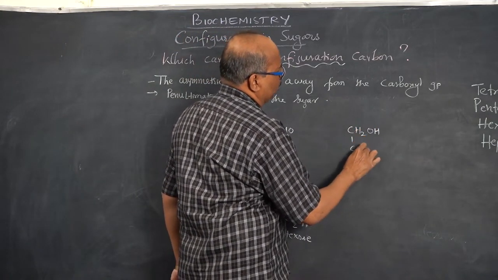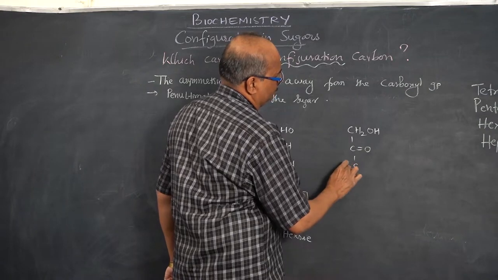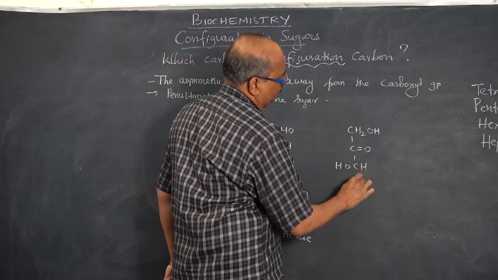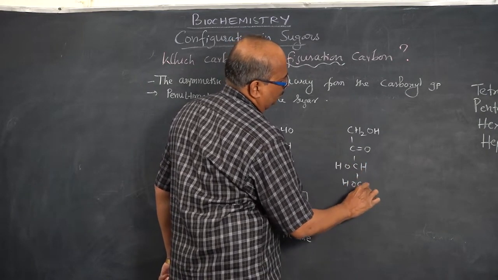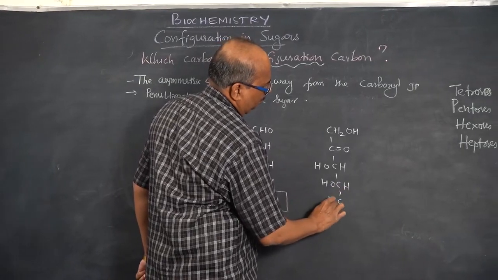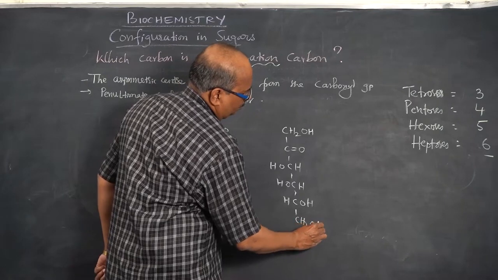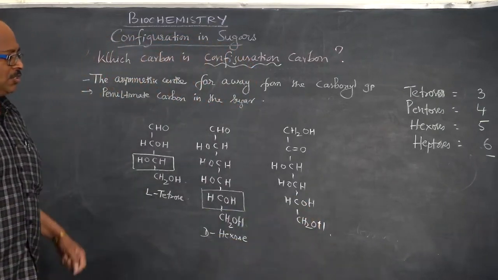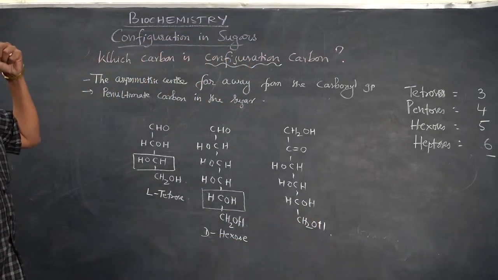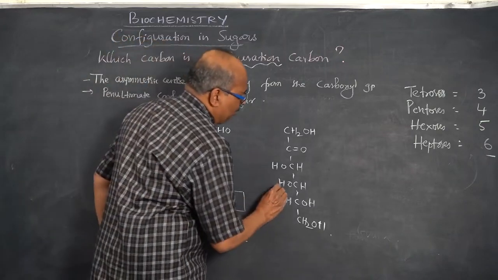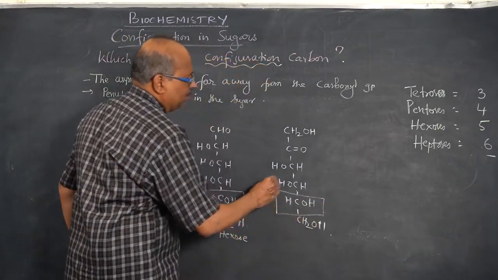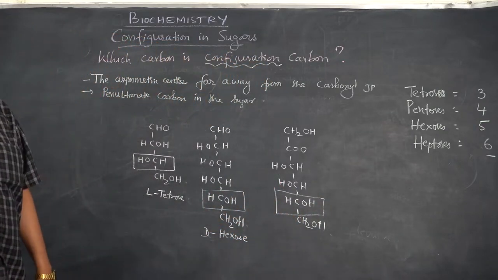Similarly, when you take a ketose, so we have 6 carbons again. 5th carbon will become configuration carbon, and that is on the right side.